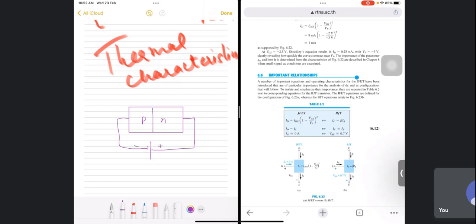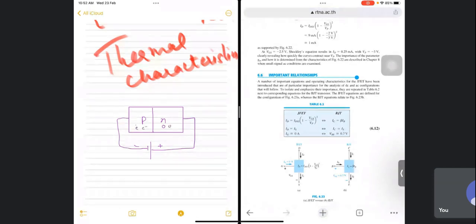ये नेगेटिव है, ये पॉजिटिव है. सो यहाँ पे होल्स होते हैं ना, और यहाँ इलेक्ट्रॉन्स भी होते हैं. माइनॉरिटी करंट, holes will attract towards this side and electrons will attract towards this side. Okay, so this is the current because of minority carriers, जिसको लीकेज करंट भी बोलते हैं.